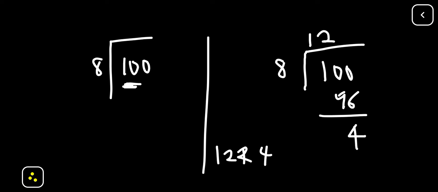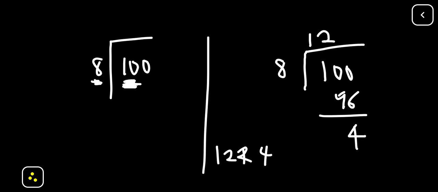So we're going to start with the number of times 8 can go into 10 first. This only works at the point where you see that there's a similarity between this and this here. So 8 can actually go into 10 easier than it can go into 100.